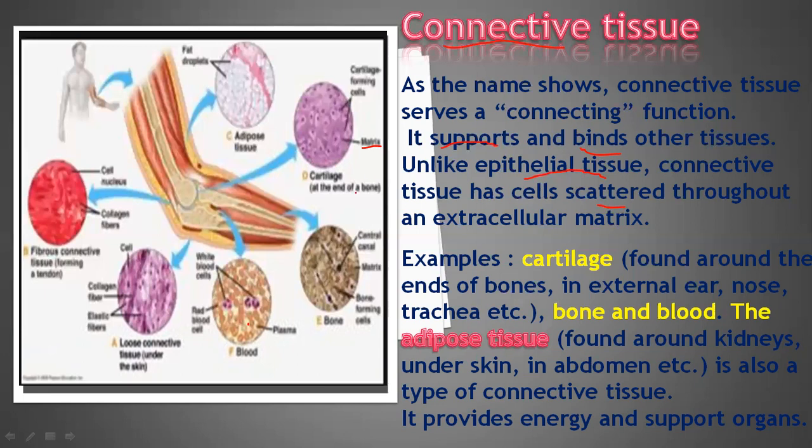So let's talk about some examples of connective tissue, like cartilage. Where is cartilage present? It's present at the end of the bones. Like this is the bone, and here the bone ends and the next bone starts.